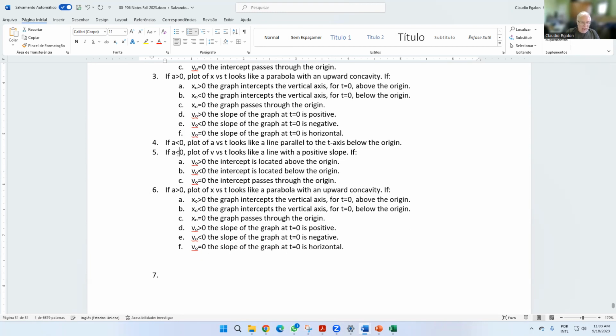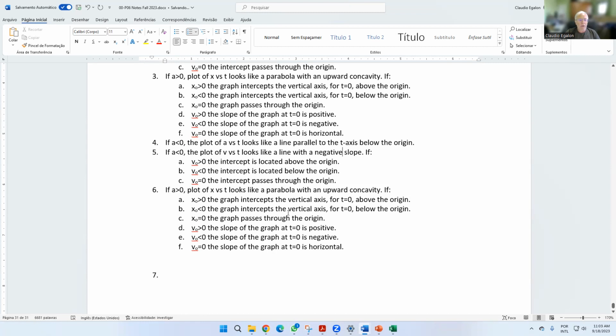If a is less than 0, the plot of v versus t looks like a line with a negative slope. Then we have the other possibilities, right?